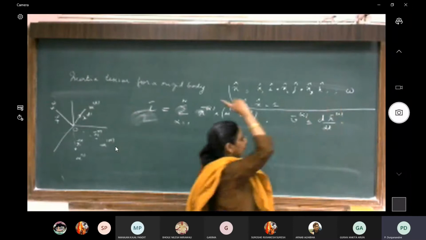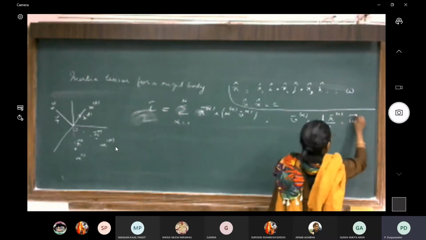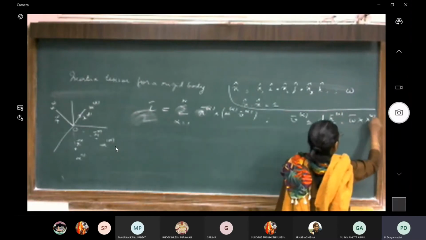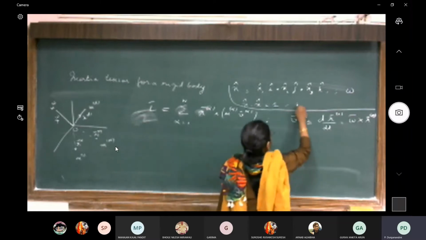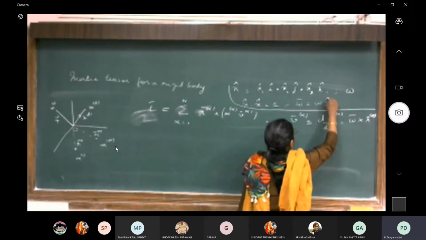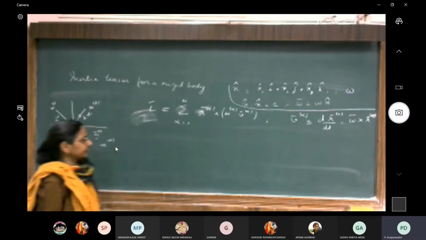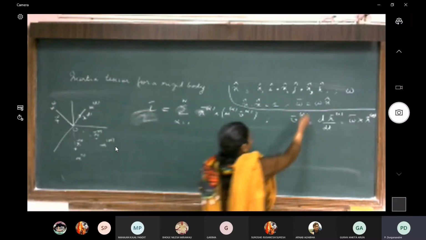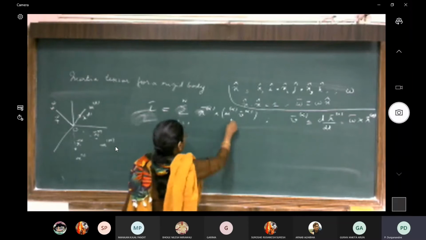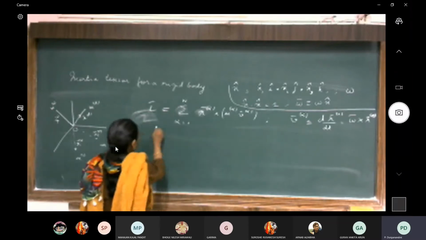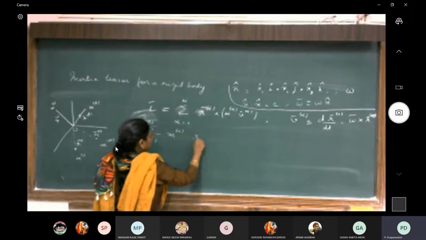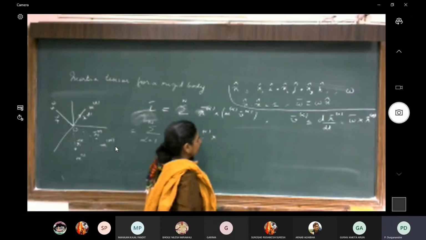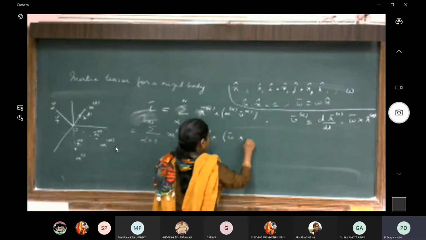And when I have this kind of rigid rotation, it's simply going to become omega cross R alpha. So I define my omega vector to be equal to omega times n cap. Recalling what we did yesterday, I will have this M alpha here, then R alpha cross omega cross R alpha.